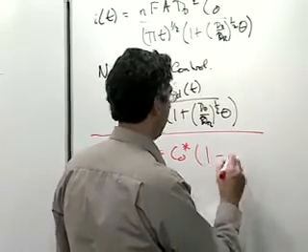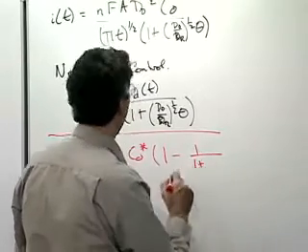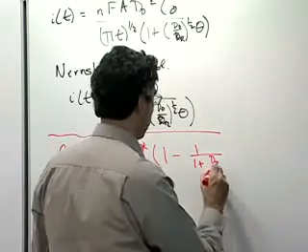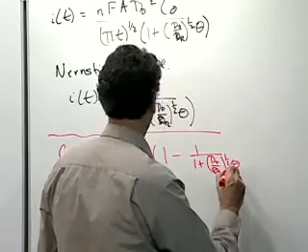1 minus 1 over this 1 plus D_ox over D_red to the 1/2 theta.